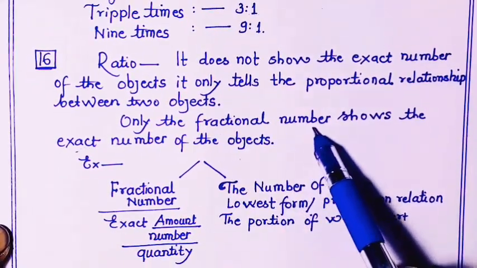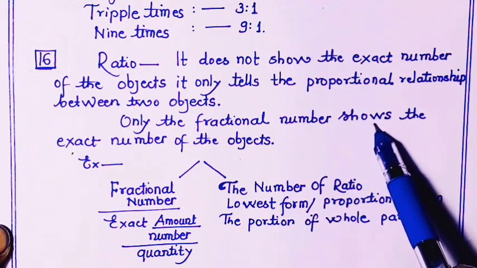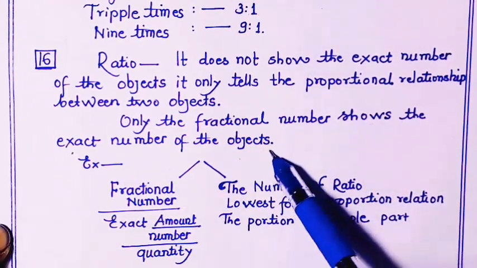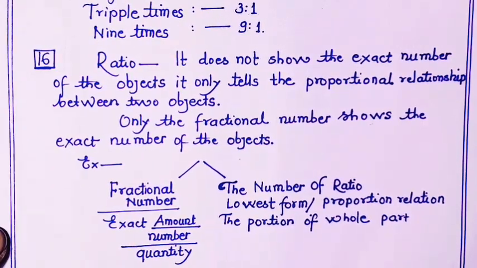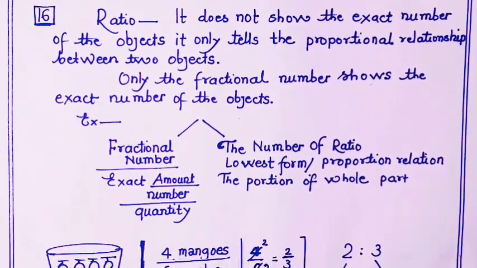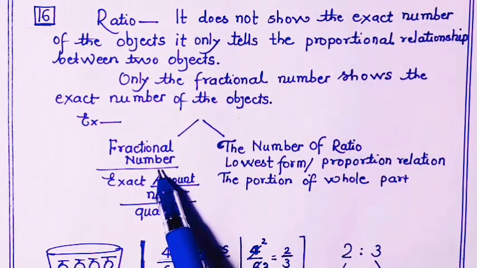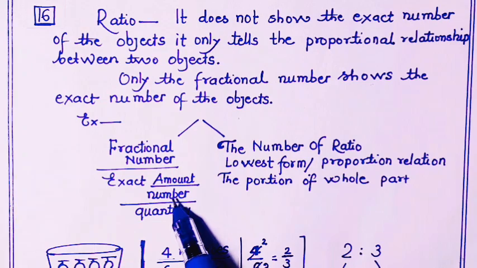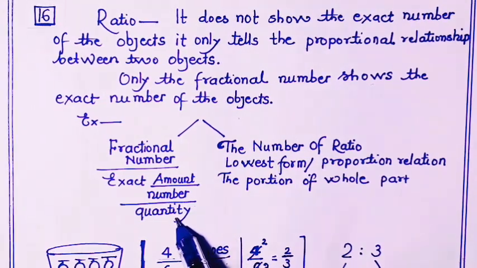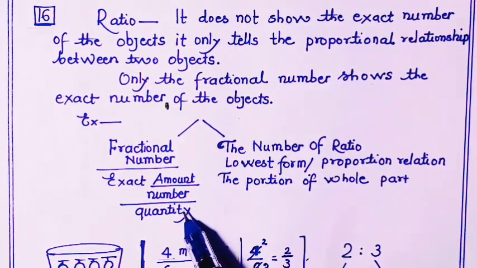Only the fractional numbers shows the exact number of the object. Look at the example. Fractional number shows exact amount, exact numbers, exact units or quantity of the objects.